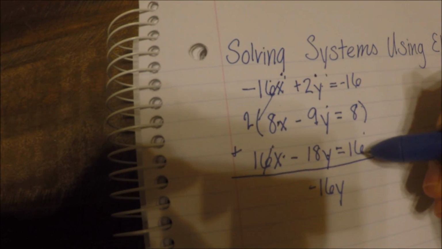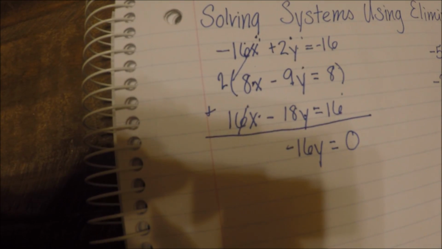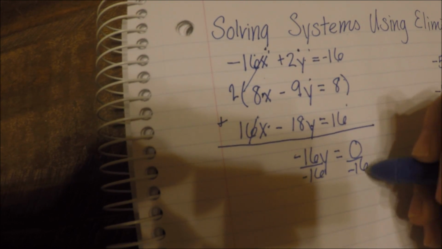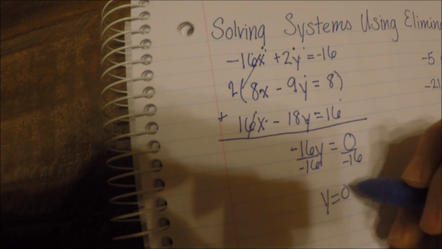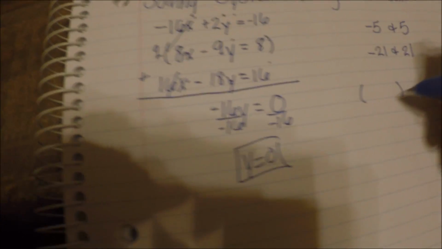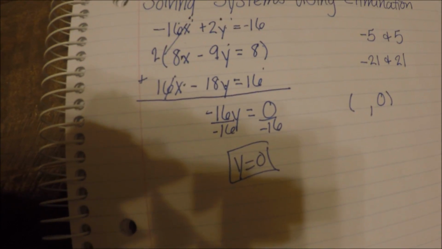And negative 16 plus 16 will give us 0. Divide by negative 16 to get y by itself, and y equals 0. So this gives us the second value in our coordinate.